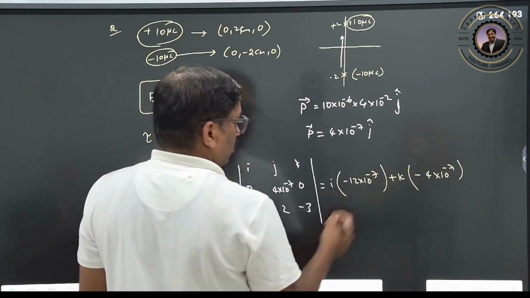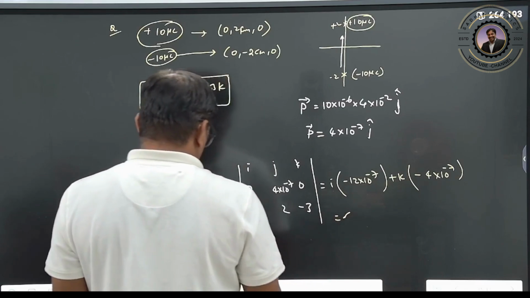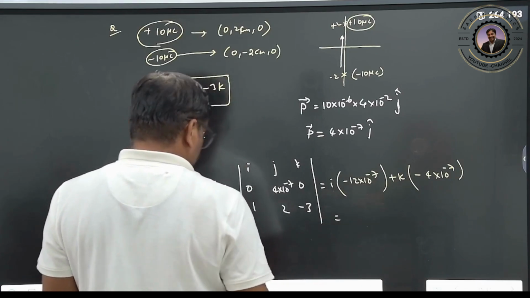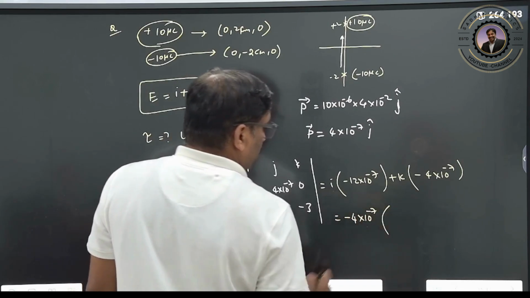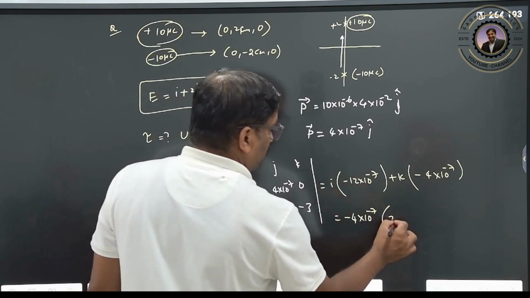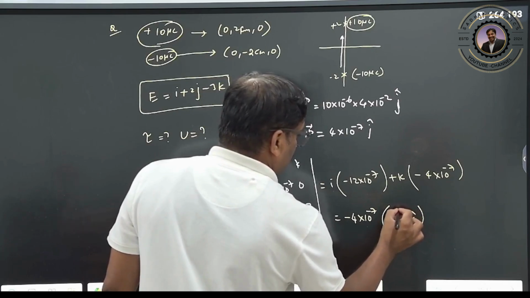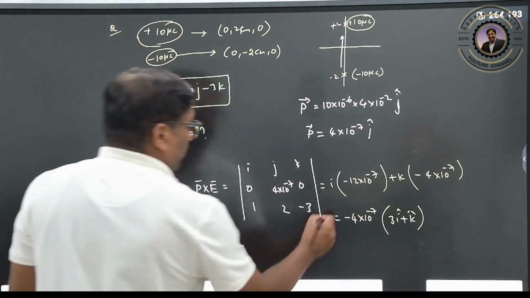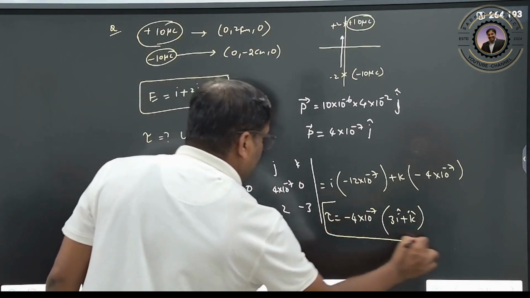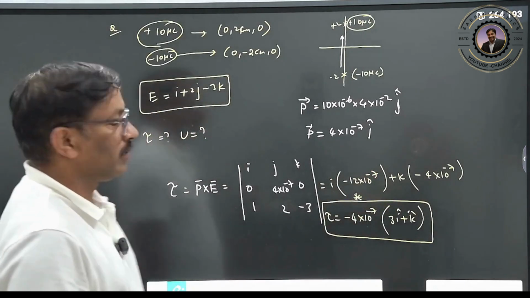So the torque is minus 4 into 10 to the power of minus 7 times (3i cap plus k cap). So this is the torque acting on the dipole, clear.